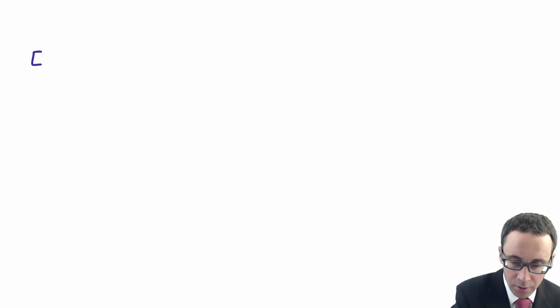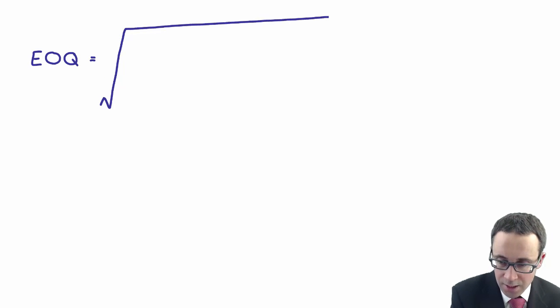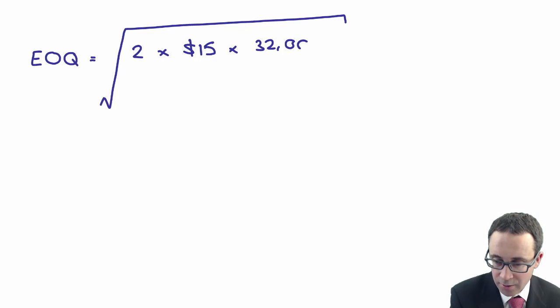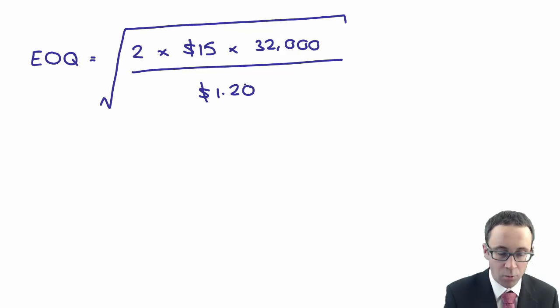So to work out your economic order quantity, your EOQ, you take the square root of 2 cod over chips. The order cost is 15, the demand D is 32,000, and the holding cost is $1.20.